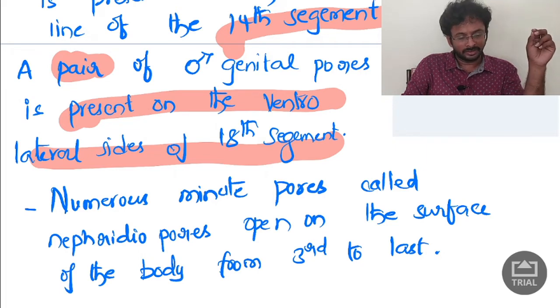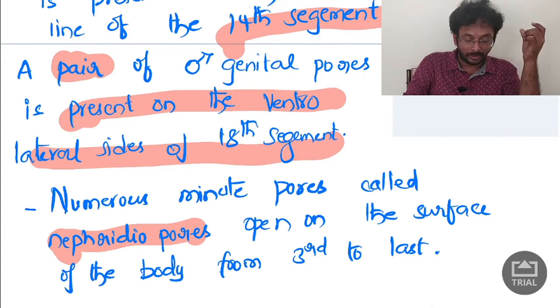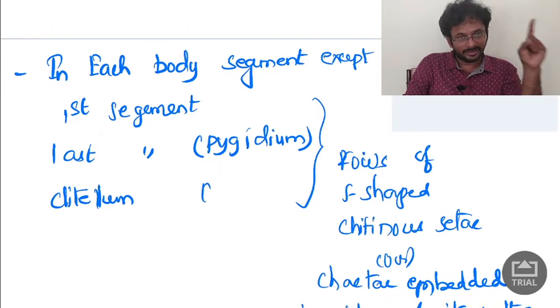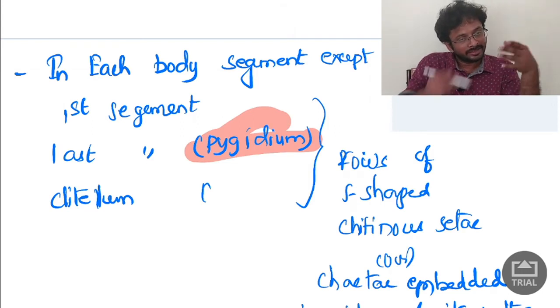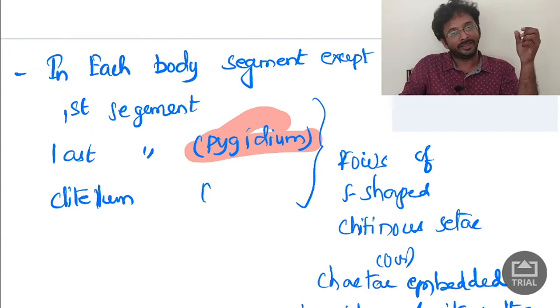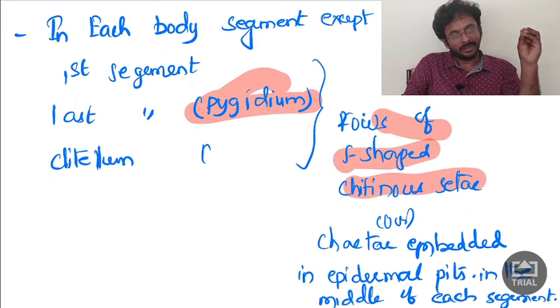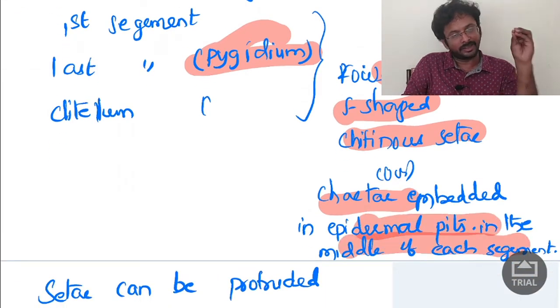Numerous minute pores called nephridiopores open to the surface of the body from the 3rd segment to the last segment. In each segment, except the 1st segment, that is peristomium, the last segment called pygidium, and the clitellar region, the 14th, 15th, 16th, there are rows of S-shaped chitinous setae embedded in the epidermal pits in the middle of each segment.